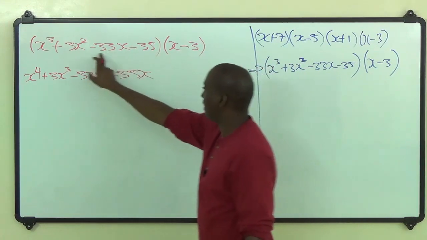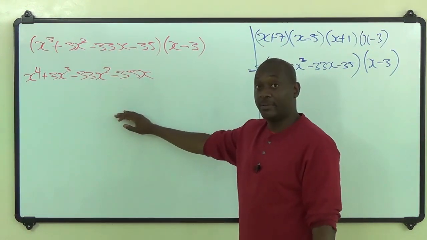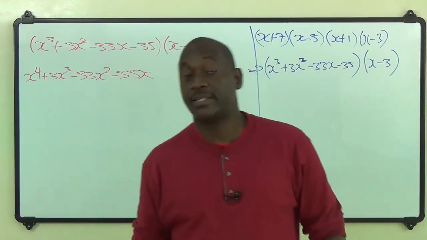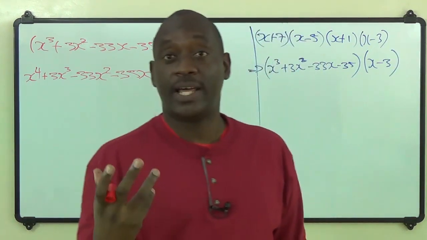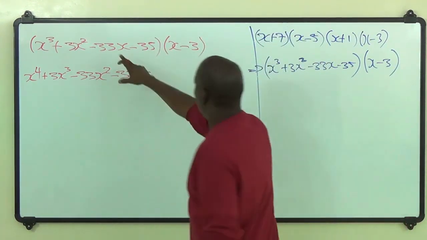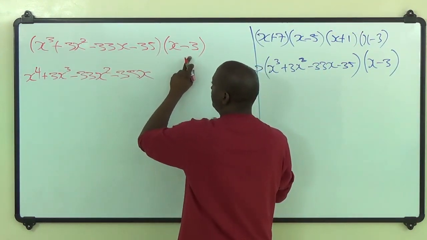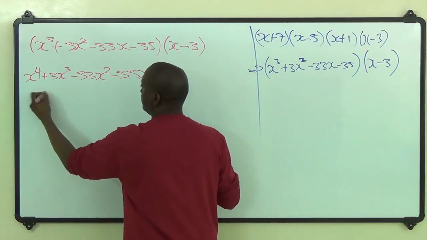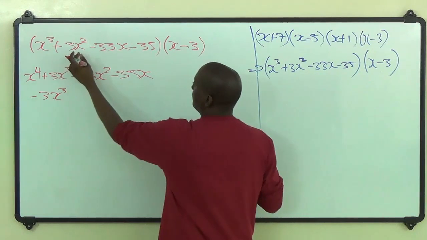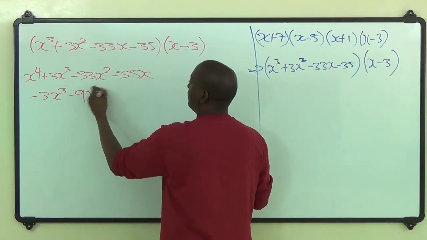We multiply everything here by minus 3. And I'm going to go below here deliberately just to make the point that sometimes in these add maths questions you have to actually use two lines to work out something. So this would be plus x cubed by minus 3, which is minus 3x cubed, alright? 3x squared by minus 3 is minus 9x squared.